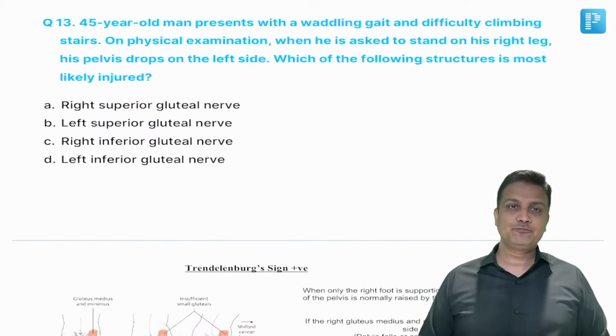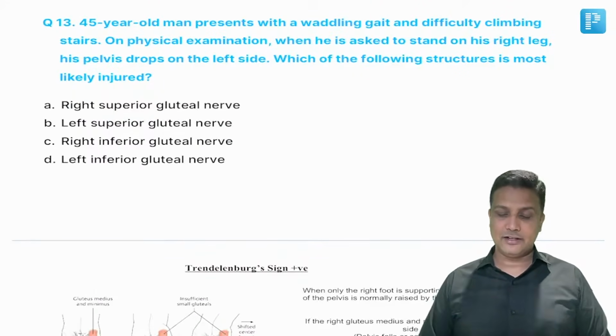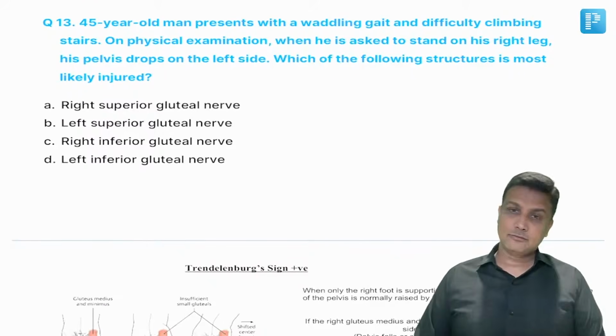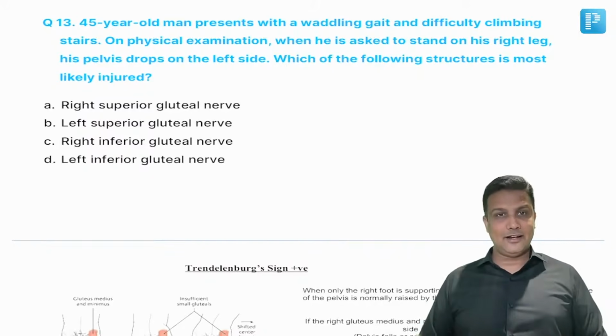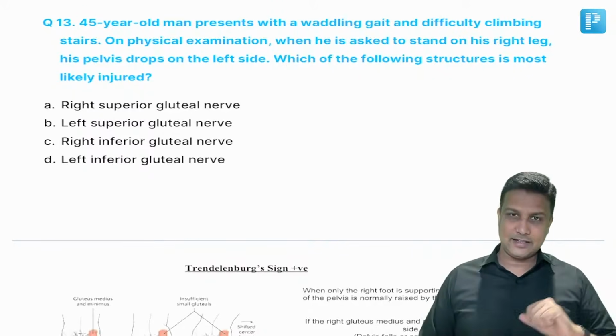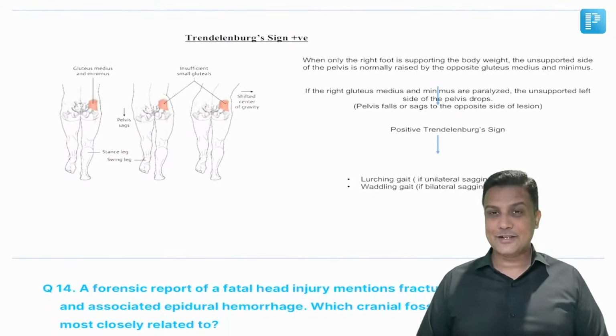Now moving ahead, a 45-year-old man presents with a waddling gait and difficulty climbing the stairs. On physical examination, when he is asked to stand on his right leg, his pelvis drops on the left side. Which of the following structures is most likely injured? Yes, Trendelenburg sign.